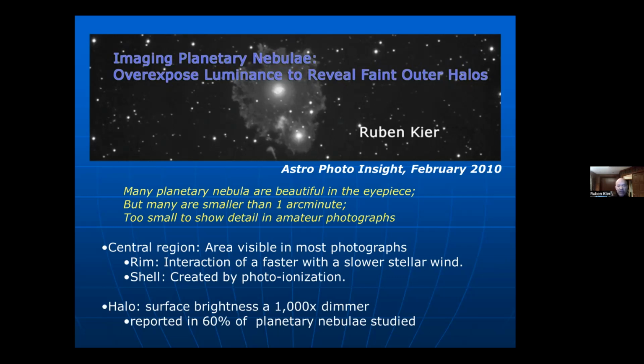About 60% of planetary nebulas that were studied with telescopes in the Canary Islands that are a meter or larger will have a halo, but it'll be up to 1,000 times dimmer. And these halos are because of the interaction of a faster with a slower stellar wind, and then with photoionization.